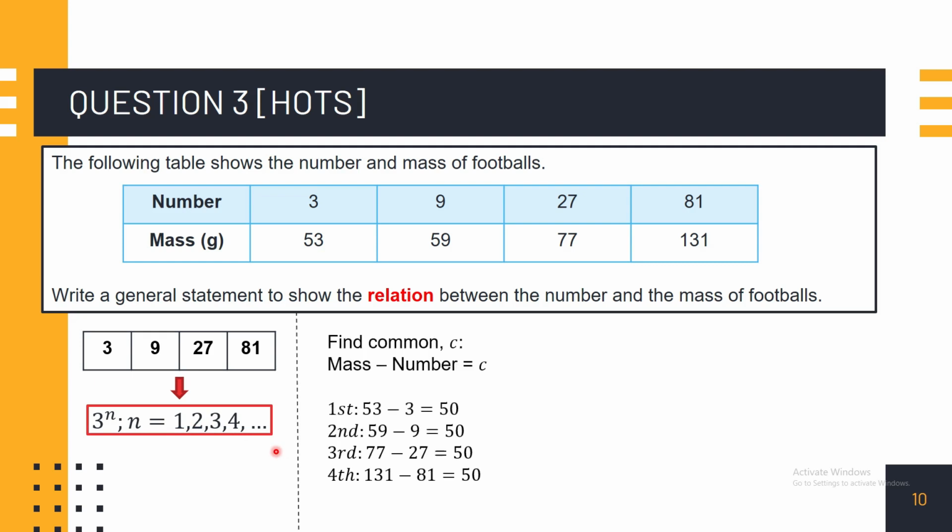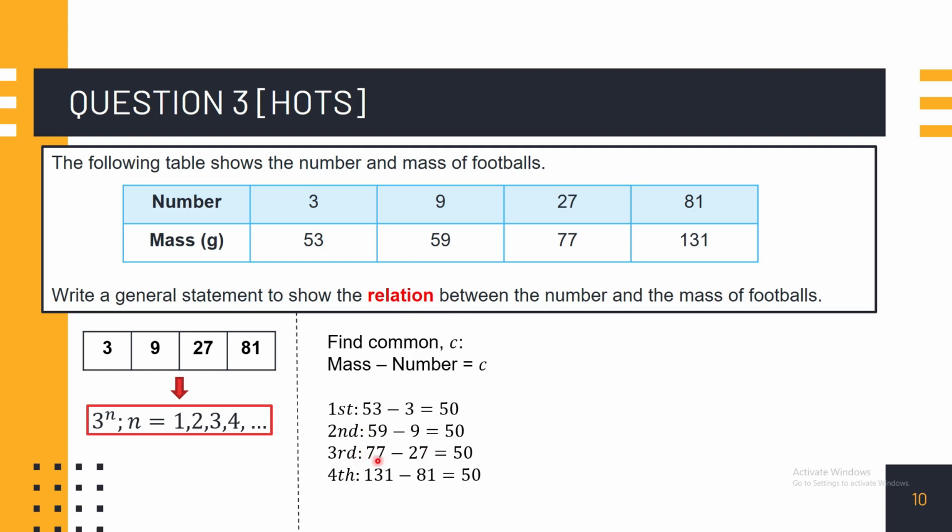And then we find the common, the C. Always find C. How to find C: mass minus number equal to C. The first data, 53 minus 3 equals 50. The second one, 59 minus 9 equals 50.